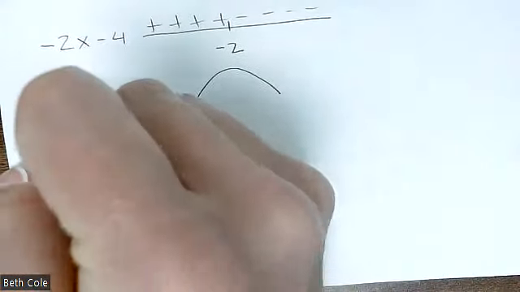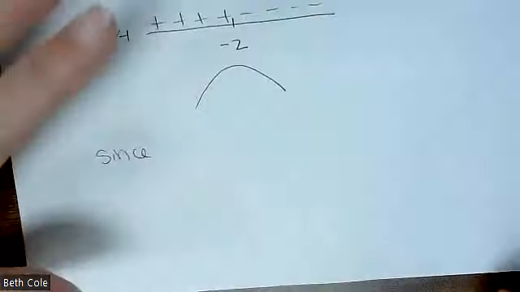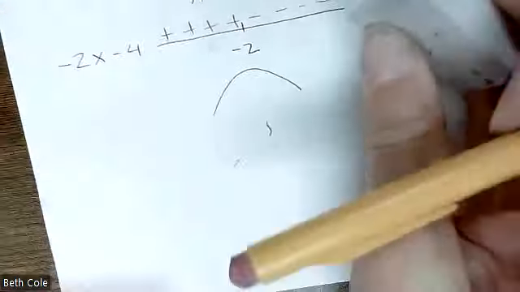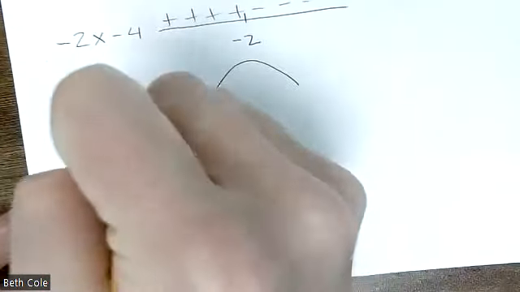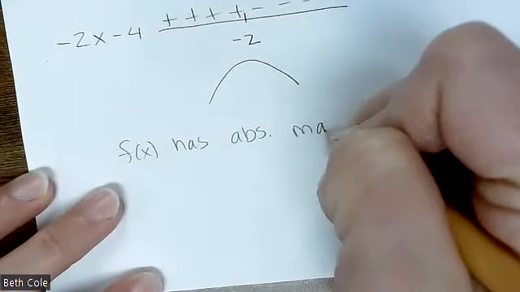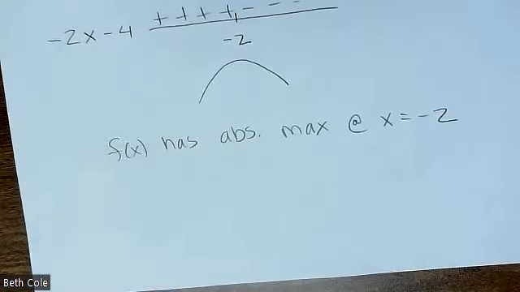Okay. So since, or you know what? I don't want to start my sentence that way. It should be f of x is or f of x has. F of x has absolute maximum at x equals -2.